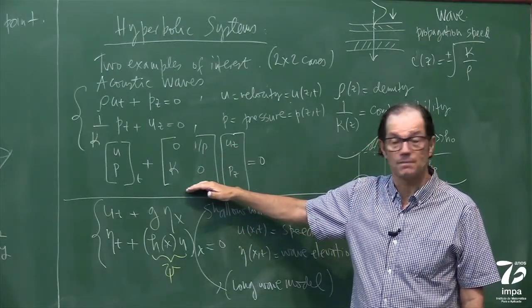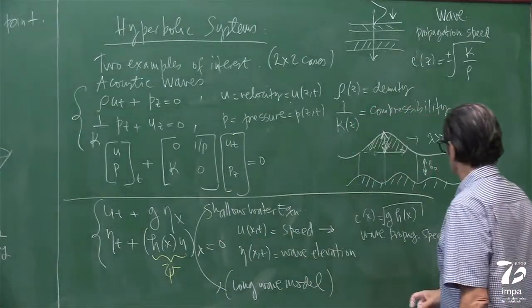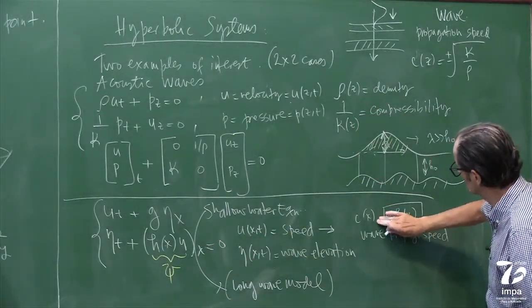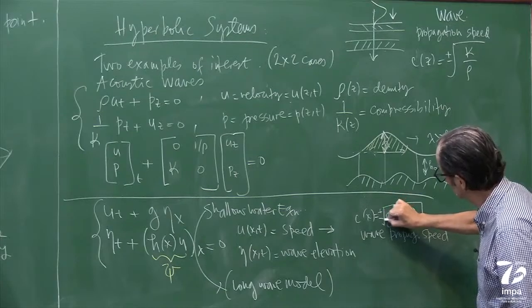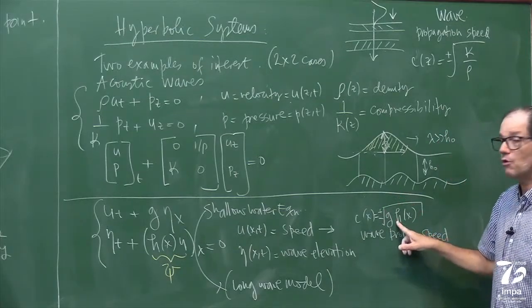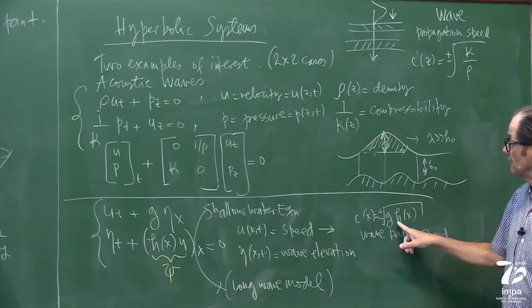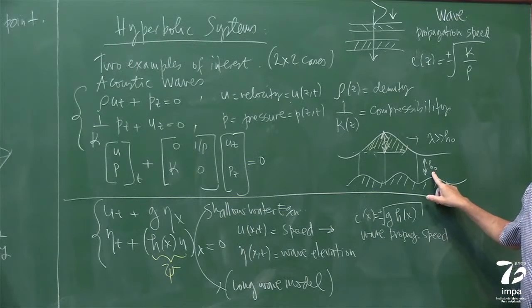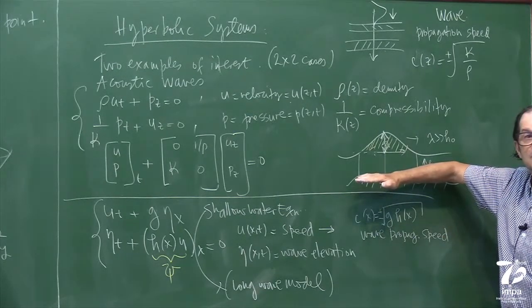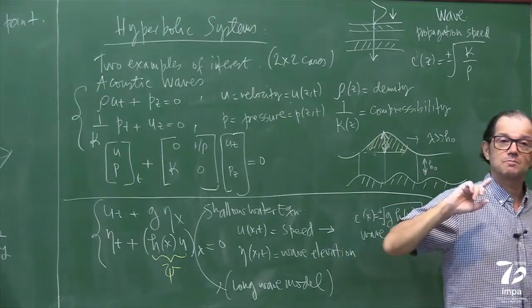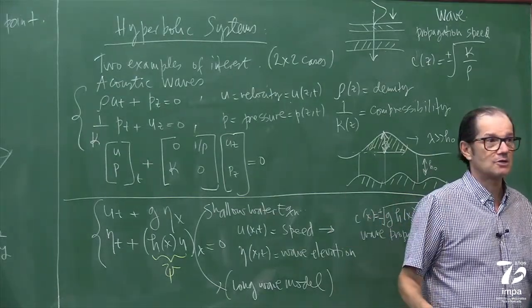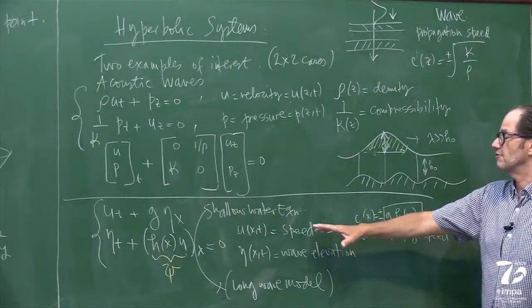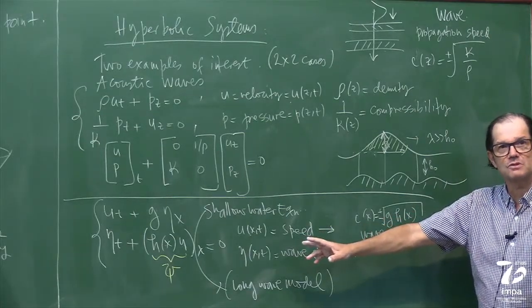Here it's the same thing. The propagation speed is plus or minus this. If you think of h being a flat bottom, constant depth, the speed is plus or minus, to whatever direction. This is a very simple model for water waves.